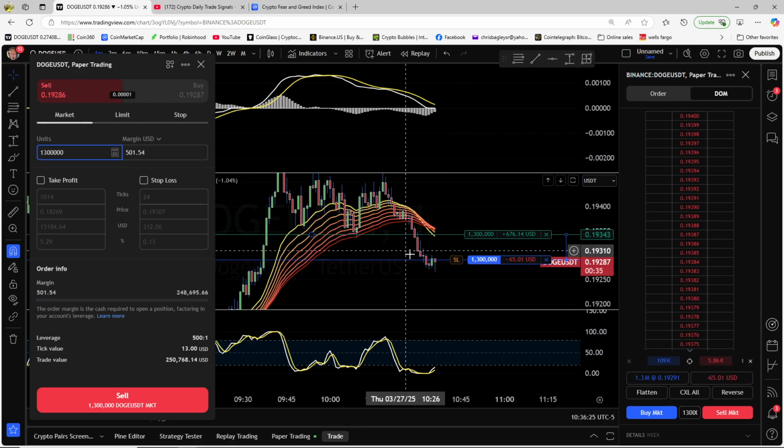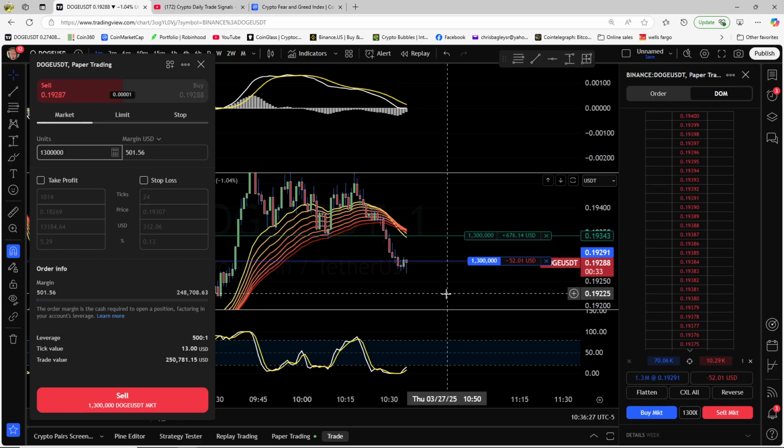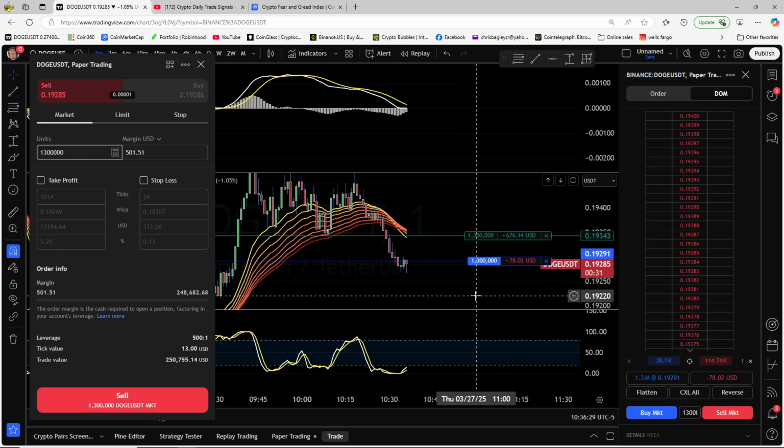Yeah, we're losing momentum because all the buyers have lost their gas.